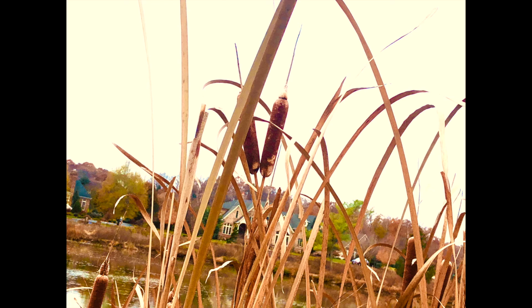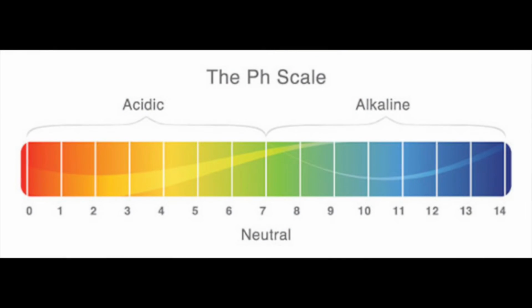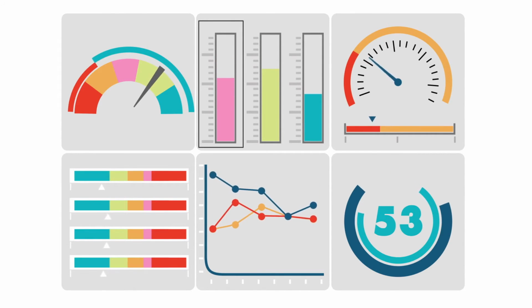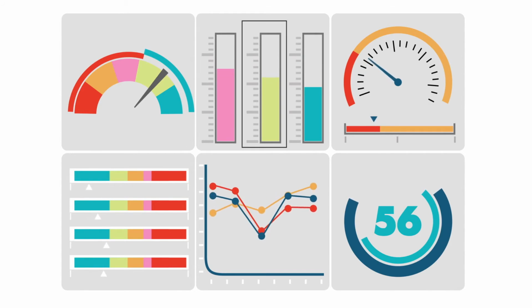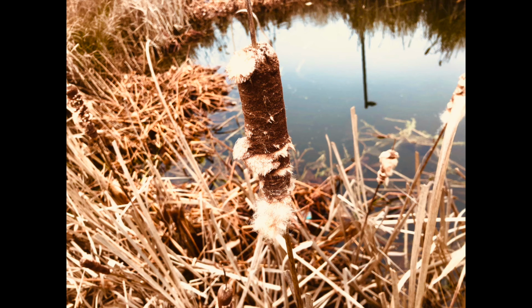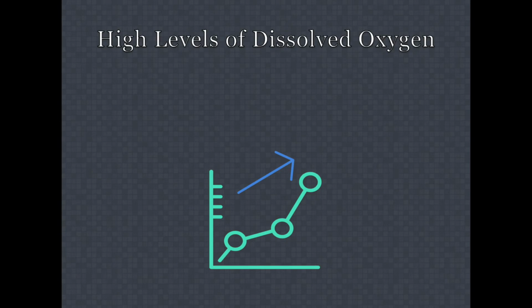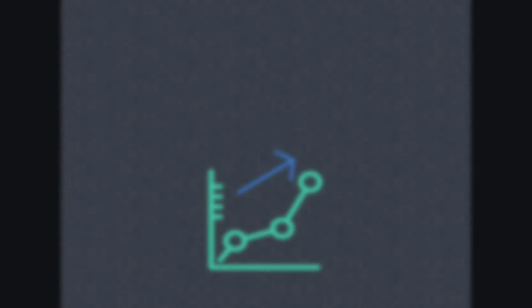Though Typha latifolia appears to be able to tolerate a broad range of pH conditions, previous research has suggested its tolerance range for dissolved oxygen levels may be more narrow. A previous study focusing on germination rates and early growth of Typha latifolia plants found that Typha latifolia's growth may be limited by high levels of dissolved oxygen.